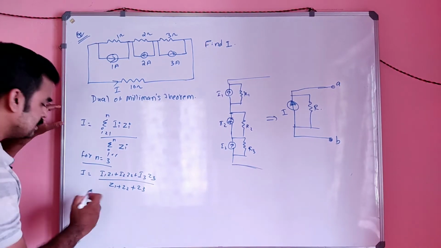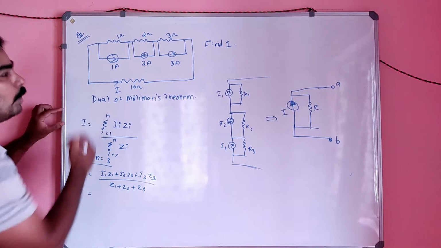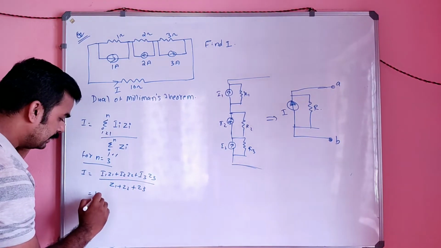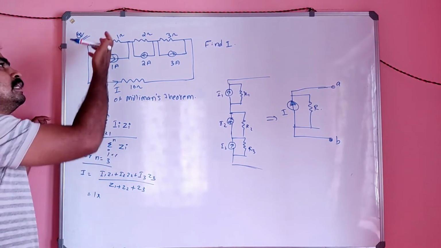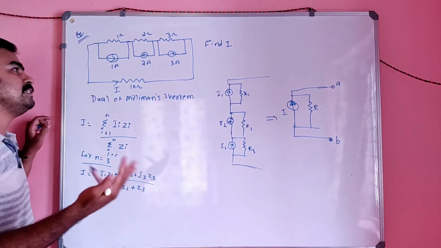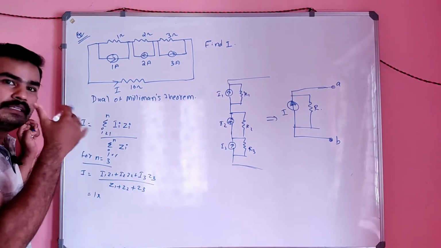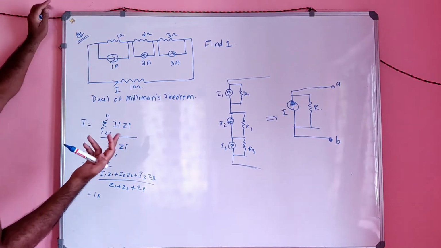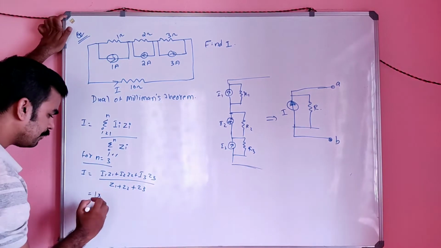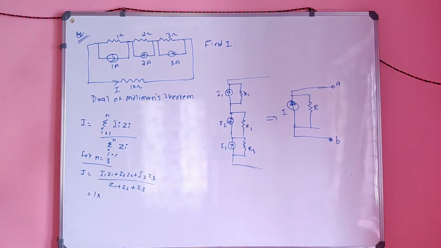So what is I1 here? It is 1, and Z1 is 1 ohm. Z1 means an R and L combination if it is an AC circuit; here only a 1 ohm resistance is given, so it is simply 1.